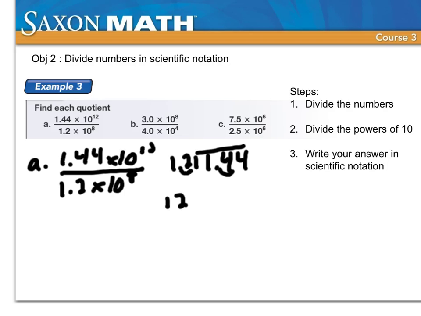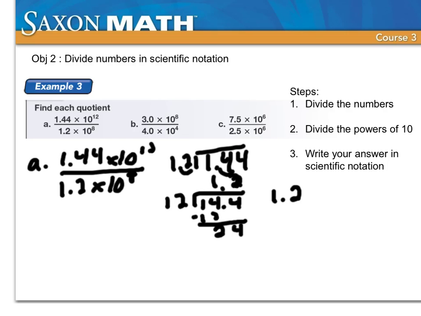So how many times does 12 go into 14.4? Well, 12 goes into 14 once. And we get 2 and 4. Put our decimal point there. And 12 goes into 24 twice. Okay, so we get 1.2 for the first part.